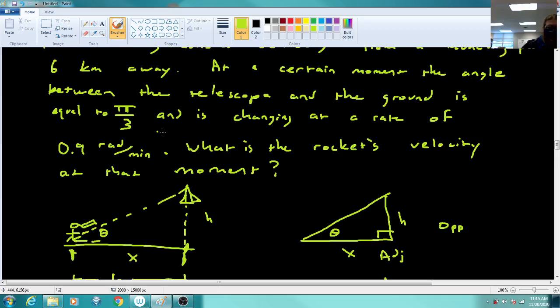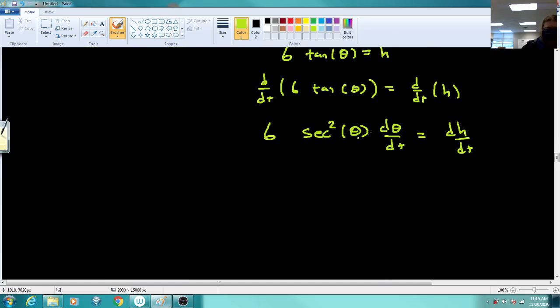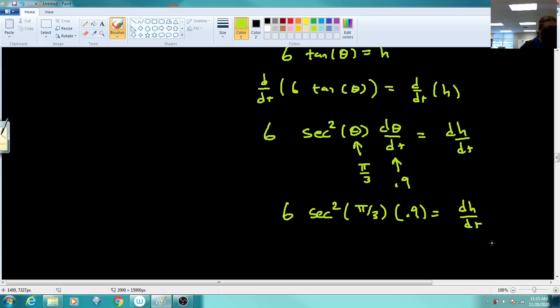So they tell us the angle is pi over 3. And when you're at pi over 3, the rate the angle changes is 0.9 radians per minute. So we're going to plug pi over 3 in here, and this d theta dt gets 0.9, replacing it. So we get 6 times secant squared of pi over 3 times 0.9 is the rate that the height changes with respect to time, which is the rocket's velocity.